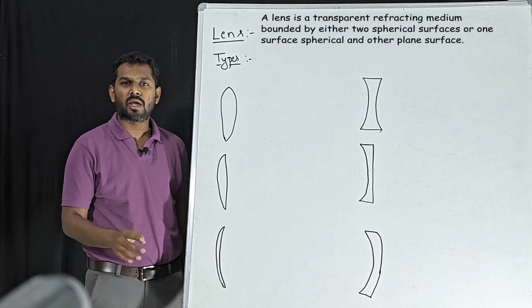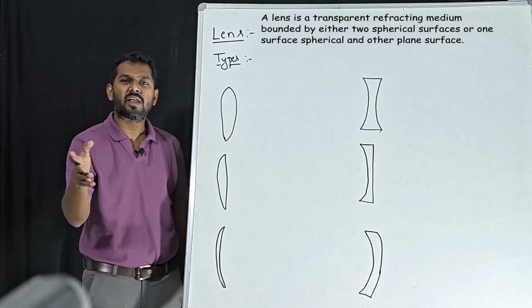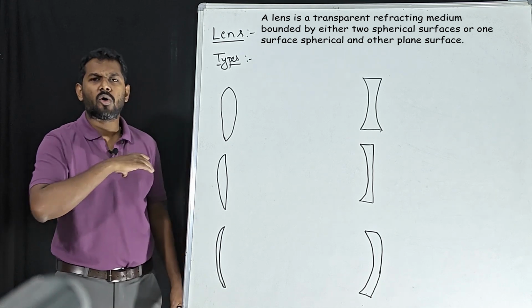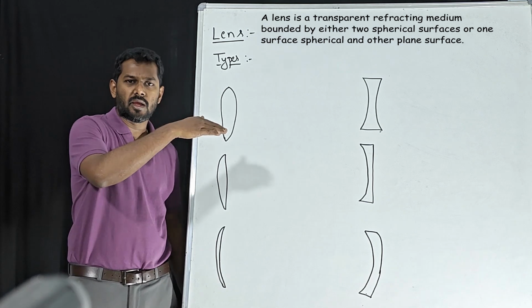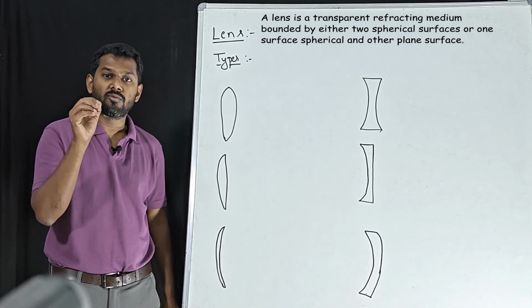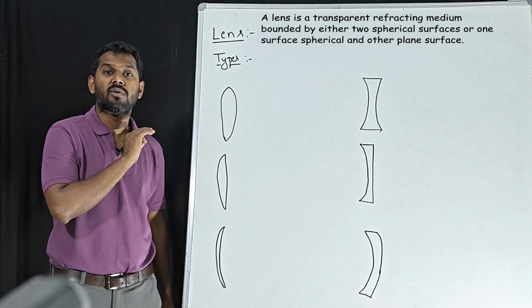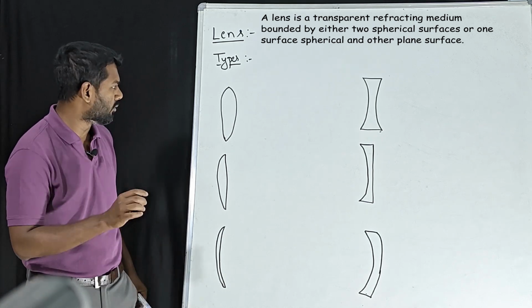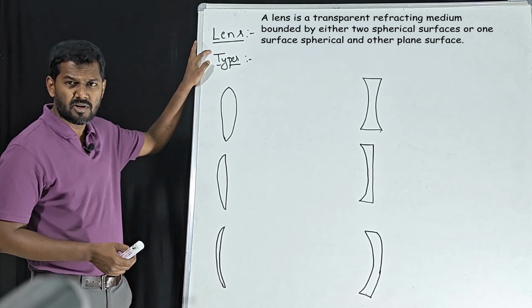Keep this in mind, as it might be useful for MCQs. The note points given just before the page numbers are very important. Now the definition of a lens is done.